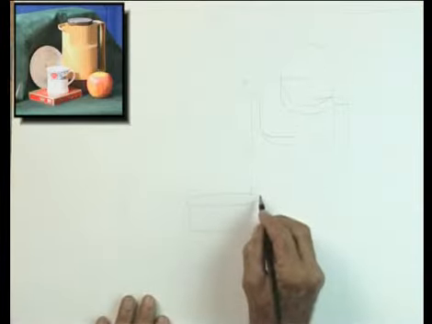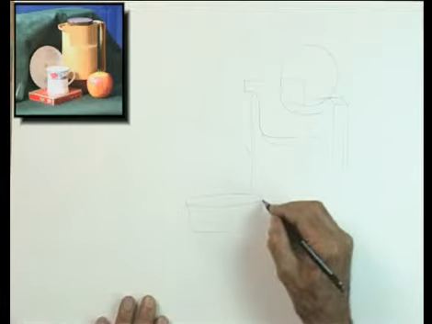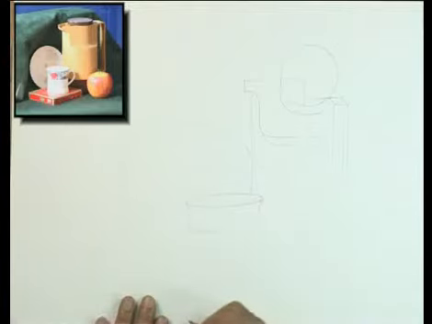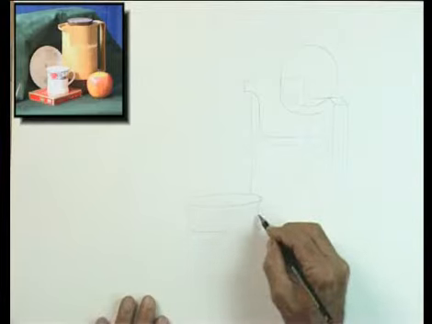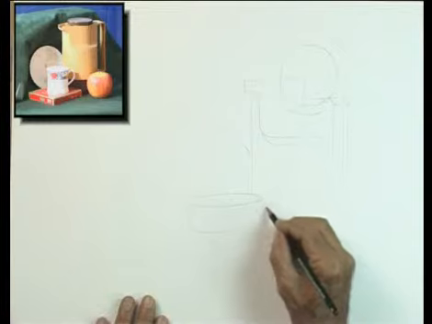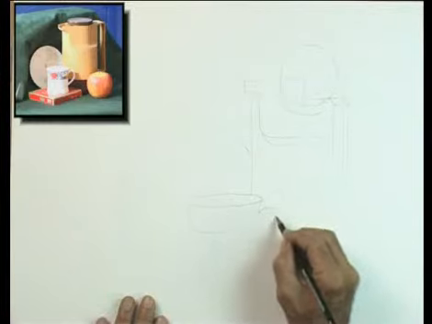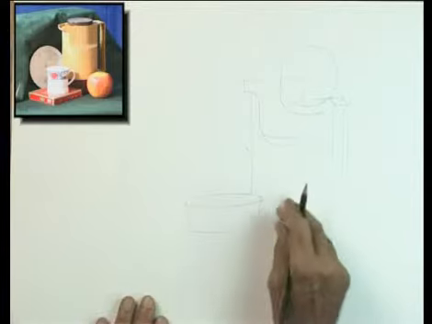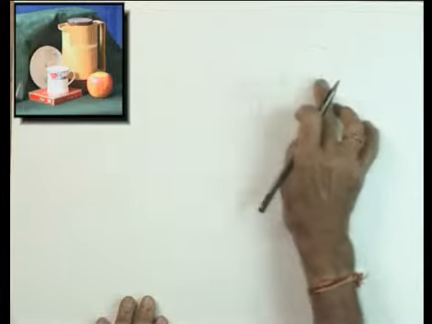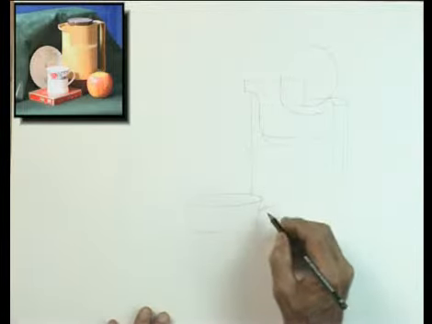And another thing is that the handle, I am not going to modify much, because the handle also will help me to use a curved line on this side, because there are too many vertical lines over here, horizontal over here. So I find an excuse to use curved lines.